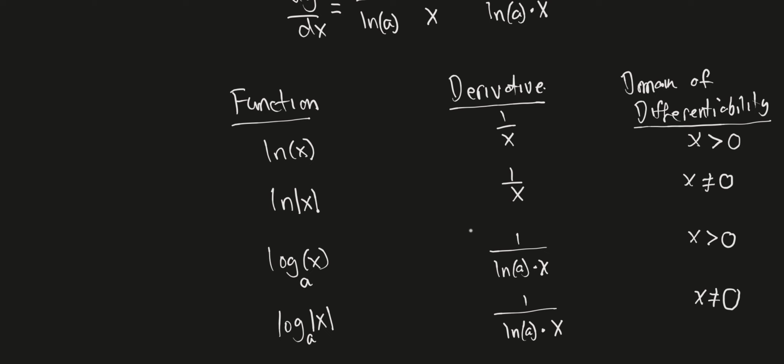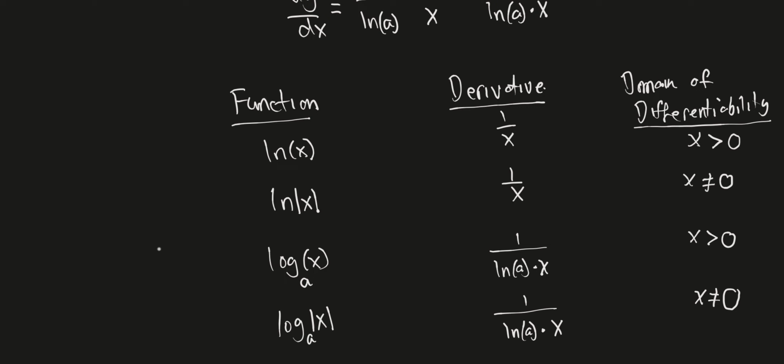So there are 4 results, but two have the same form for the derivative, and the other two have the same form. So really there are two results for the derivatives of logarithmic functions: 1 over x for the basic natural log, or 1 over ln of a times x for the more general logarithms.